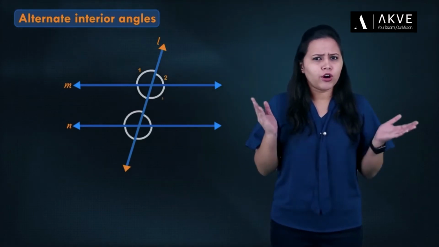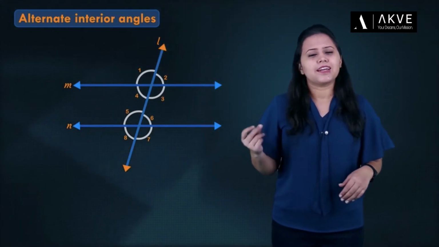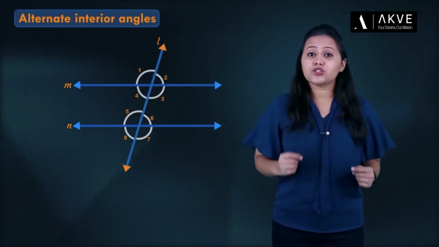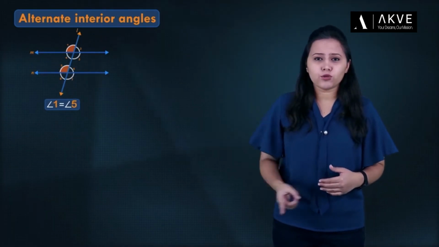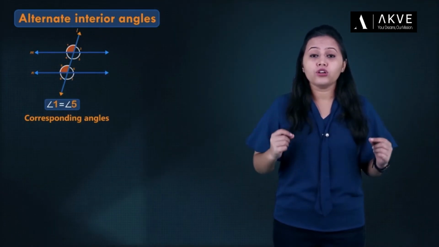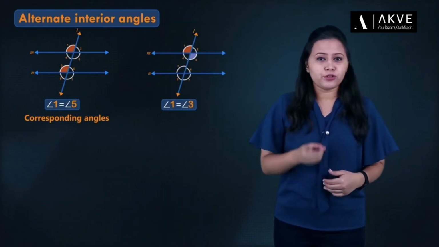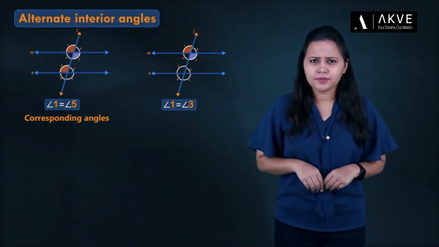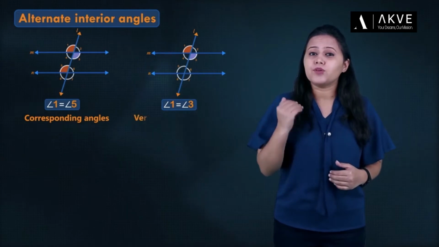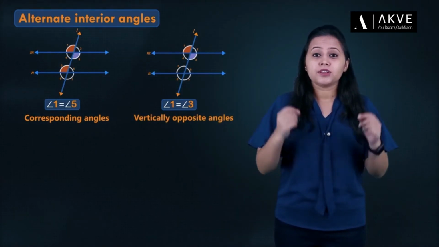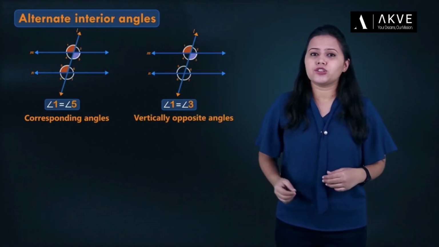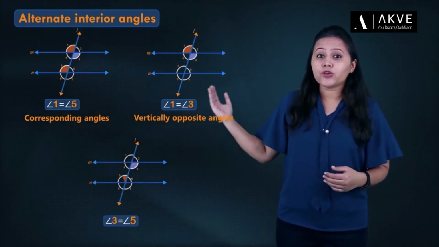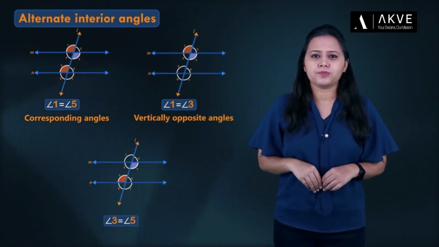Now what about alternate interior angles? Let's find out. We just saw that angle 1 is equal to angle 5. Also, angle 1 is equal to angle 3. And why? Because these are vertically opposite angles. So, from these two equations, we get angle 3 is equal to angle 5.